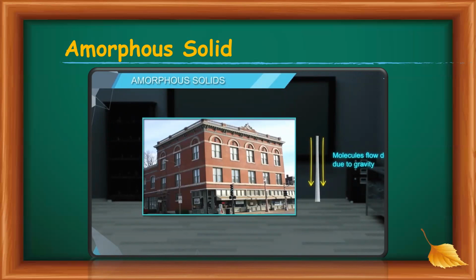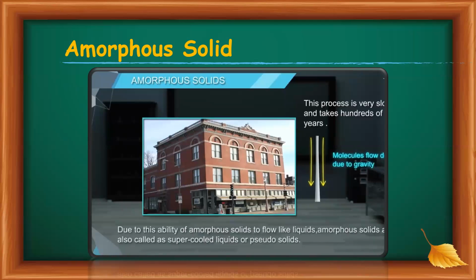Please note that this process is very slow and takes hundreds of years. Due to this ability of amorphous solids to flow like liquids, amorphous solids are also called supercooled liquids or pseudo-solids.